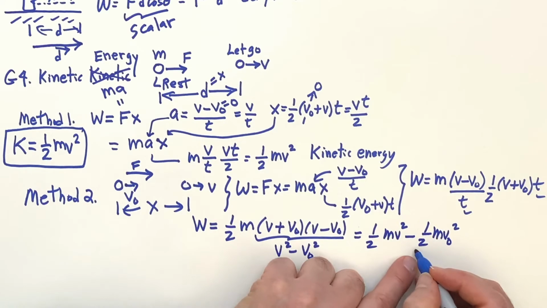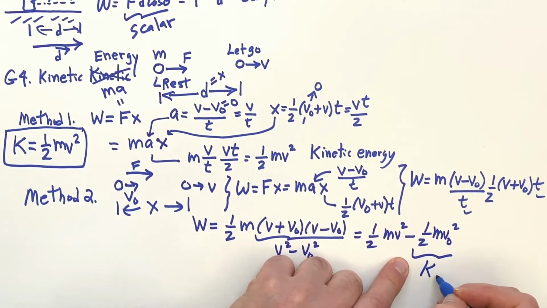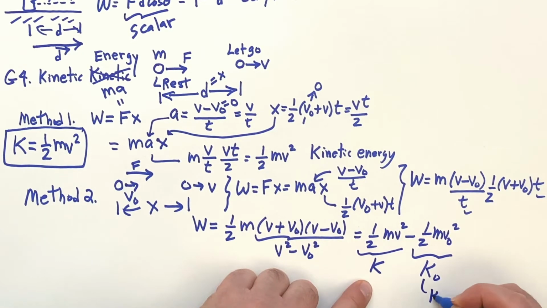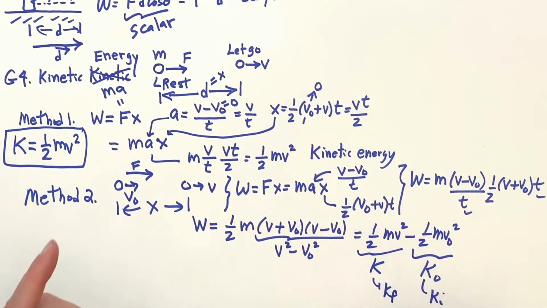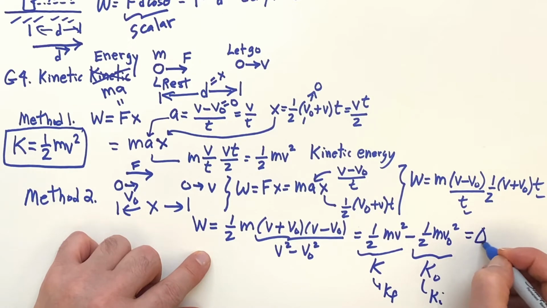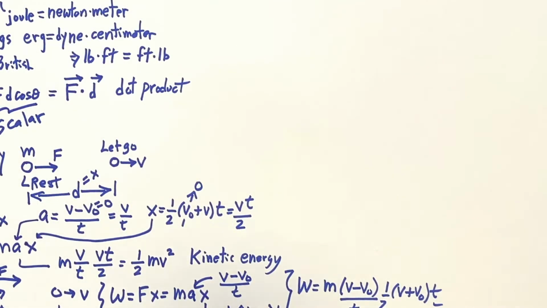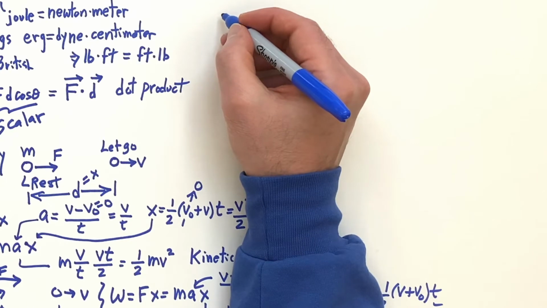So this is the initial kinetic energy here, and this is the final kinetic energy. Some books would like to call that initial, and this final. But the point is, it's a change in kinetic energy. So the work that you do is equal to the change in kinetic energy. And this is when you have a net force, so you have acceleration, a net constant force. See, kinetic energy arises naturally in that second method.